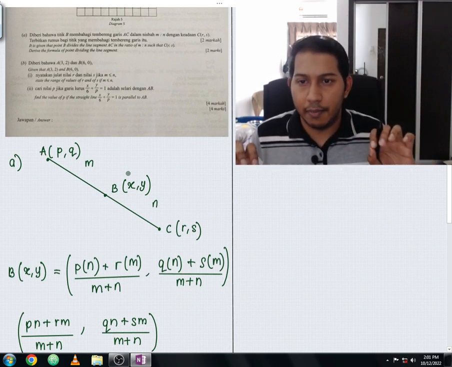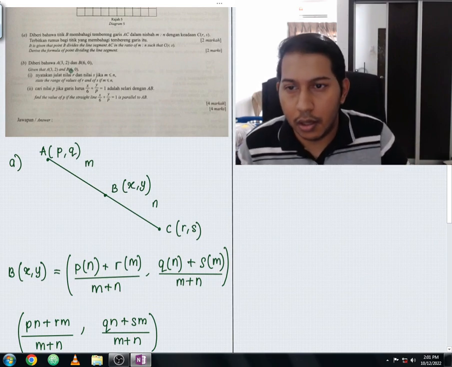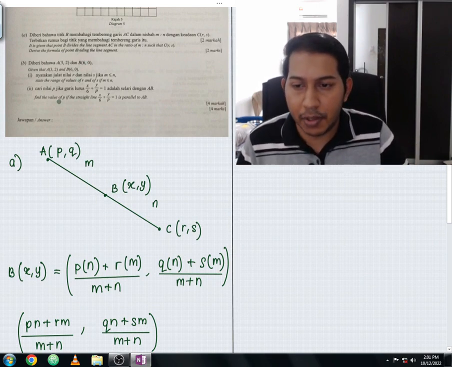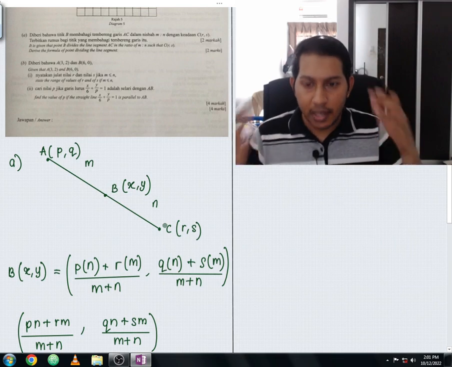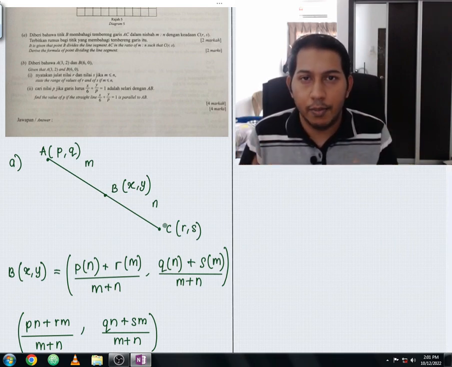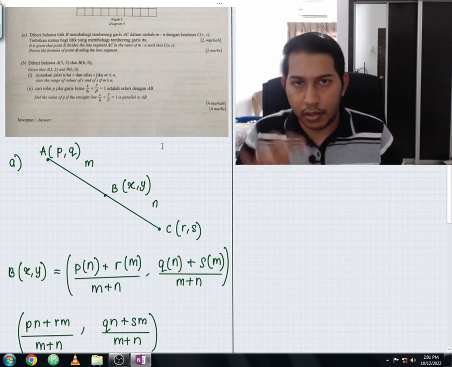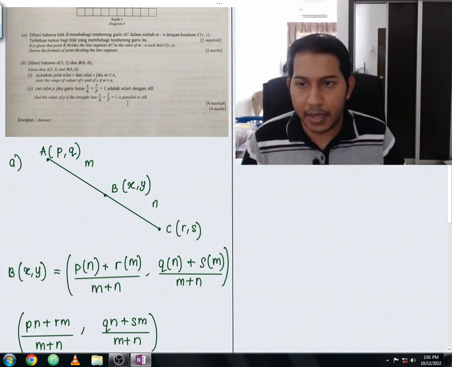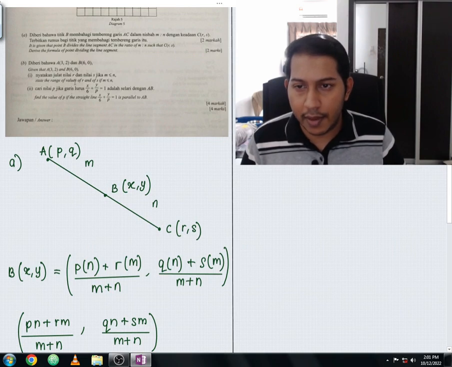They are not based on the actual coordinates. The purpose of the sketch is for us to imagine, to make our problem easily solvable. So this is question part B. We need to state the range of values of R and of S.